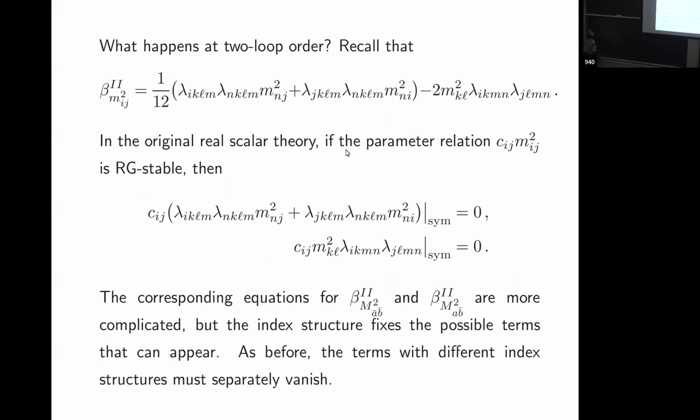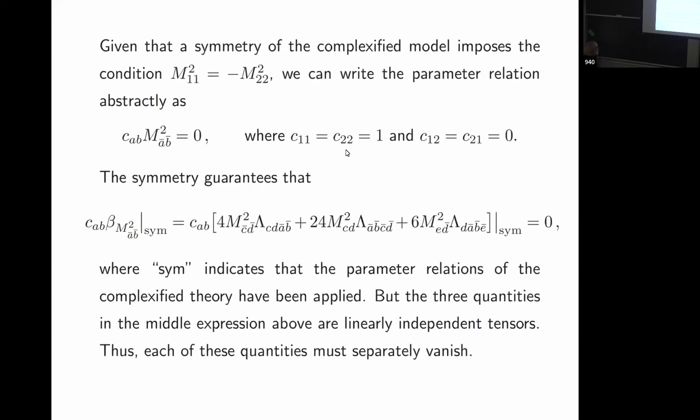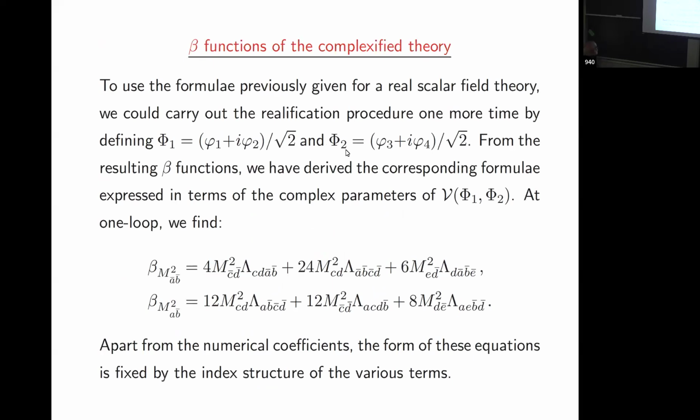And now what I want to do is ask the question, are these equations being satisfied due to the complexified theory? So the corresponding equations for beta 2 for m squared with either 2 bars or 1 bar, these are much more complicated. Remember, at 1 loop, it looked like this.